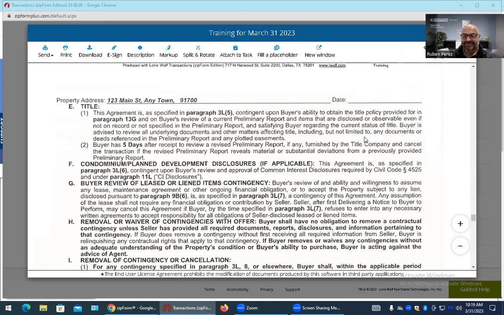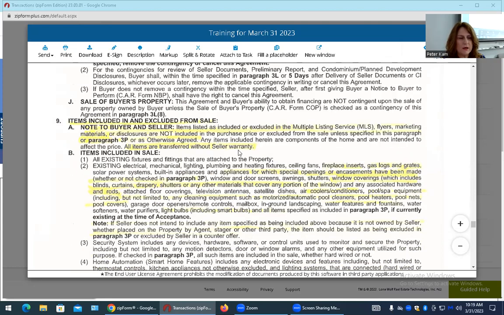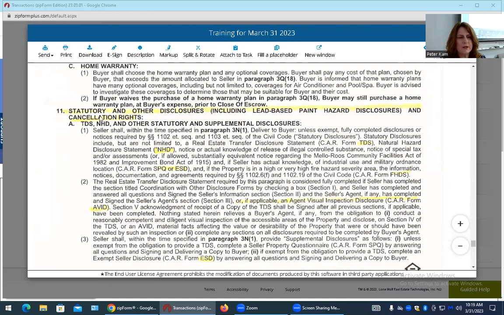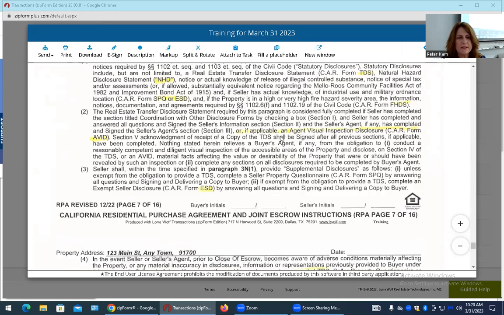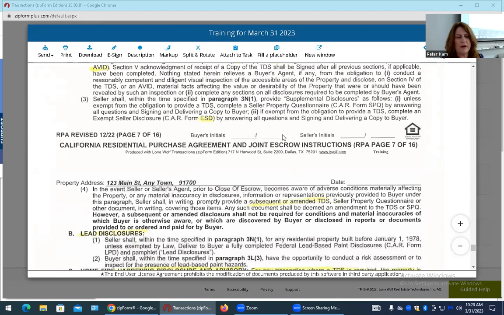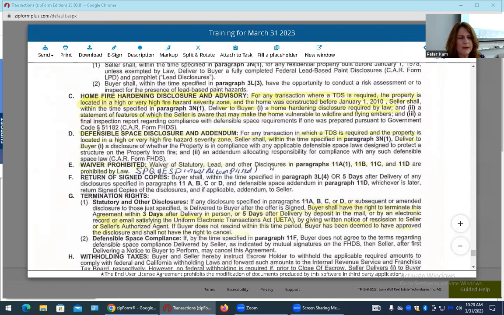Okay, so if there's other questions, we'll address them, but I just want to point back through the contract. Here's where the statutory disclosures are referenced, in paragraph 11. If you wanted to read a little more about it, I suggest you read paragraph 11. And there's your lead disclosure and fire home. And then I wanted to point this out.